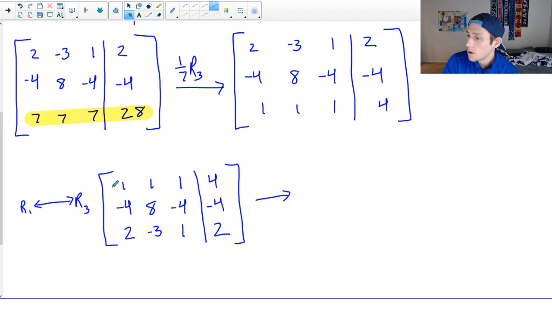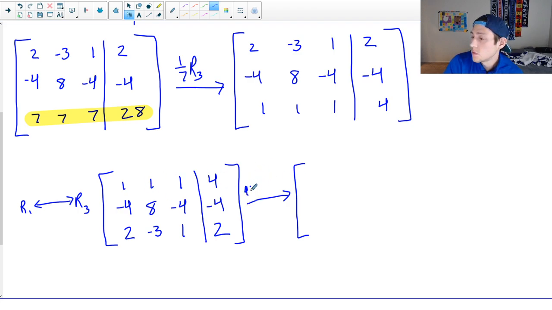Now that we have a 1 in our top left corner, our goal is to clear the stuff below it, so to get 0 here and 0 here. I'm going to first worry about just the -4, and I'll do the 2 in the next step. So I ask myself, what do I add to -4 to make 0? +4. Great.